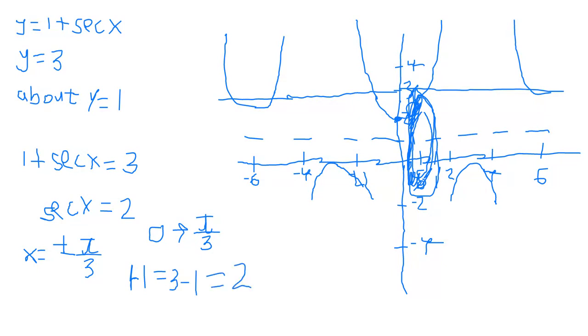And then we also have our second radius. That would be 1 plus secant of x, our function, minus 1, so that would equal secant of x.